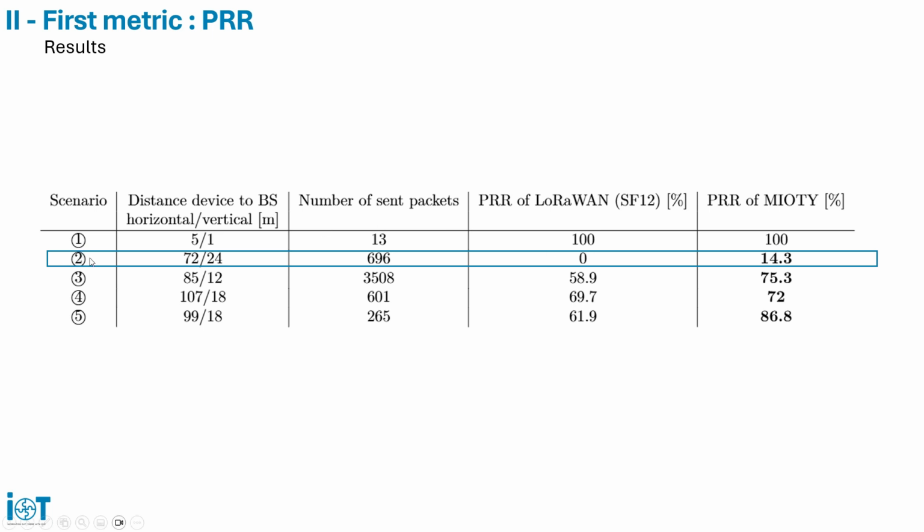Scenario 2 is considered as the hardest scenario. We sent 696 packets and we received no packets from the LoRaWAN side and 14.3% from the MIOTY side. In this use case, the packets from LoRaWAN were actually seen in the base station.